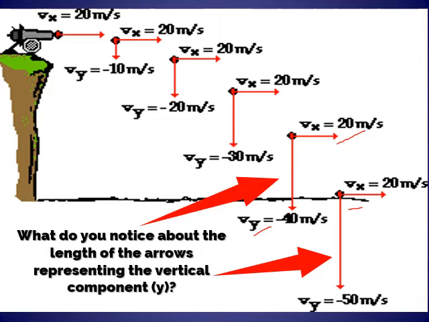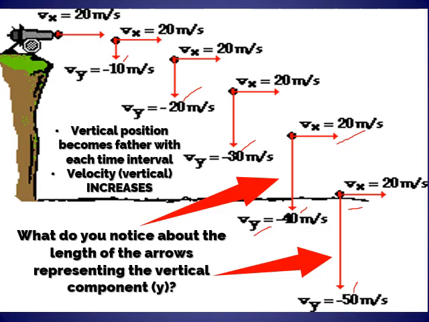So, if you try to take a look, there is now an increase in the length, okay, doon sa vertical components natin or our v sub y's as we go down from second to second sa vertical motion natin, okay, the length of the arrow increases. Okay, when the length of the arrow increases, that means now that there is increase in velocity. So, anong nangyayari pag ganyan?